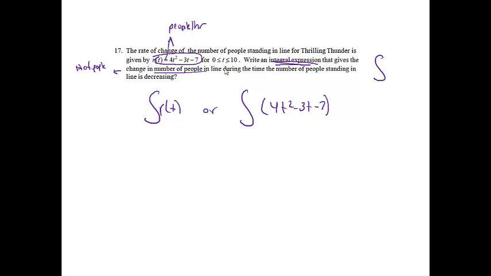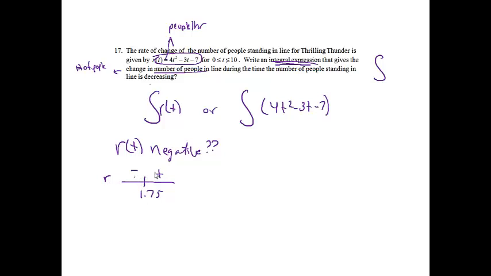It's not from 0 to 10 because it says find it during the time the number of people standing in line is decreasing. So if the number of people standing in line is decreasing, my rate would be negative. So I need to figure out where r of t is negative. To do that, I will graph r of t, and I will find that at 1.75 the graph was negative and then it turned to positive.